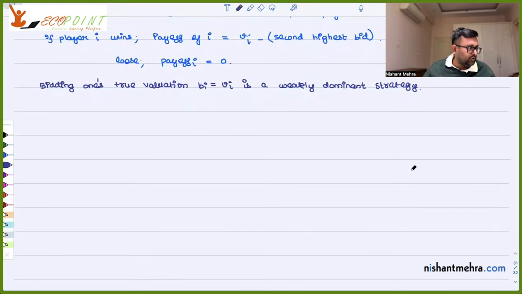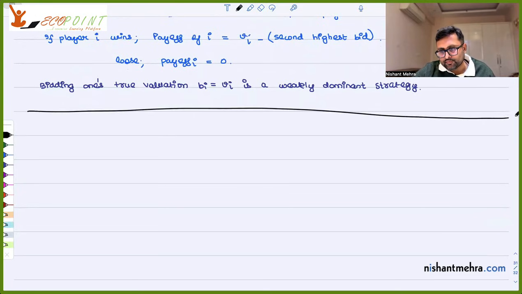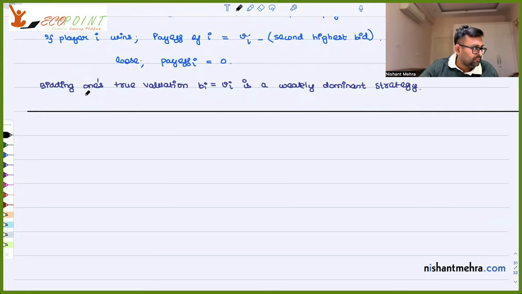So we'll create one example. So there is bidder I. His true valuation is 100, right?